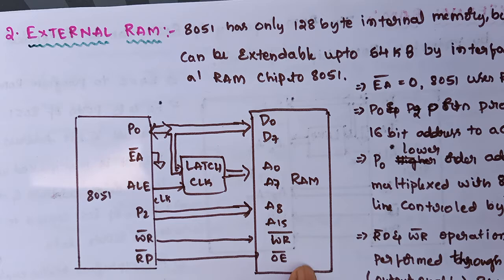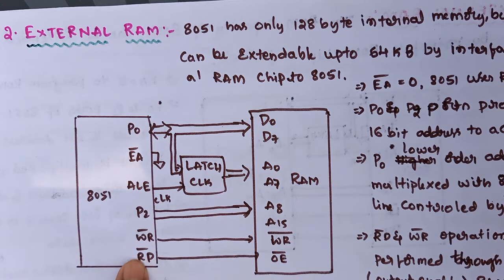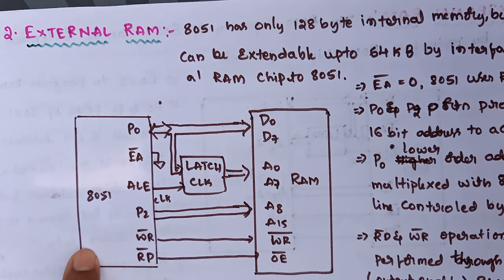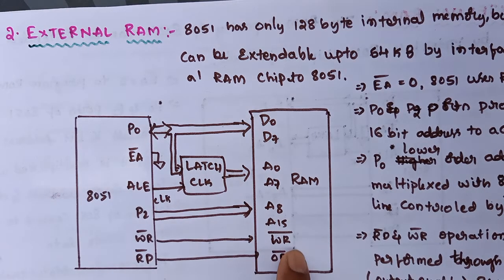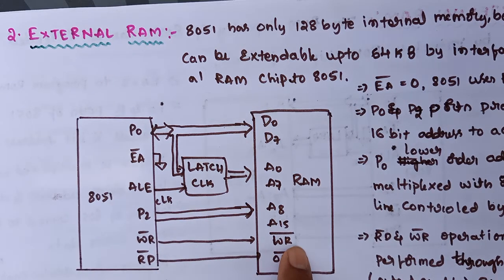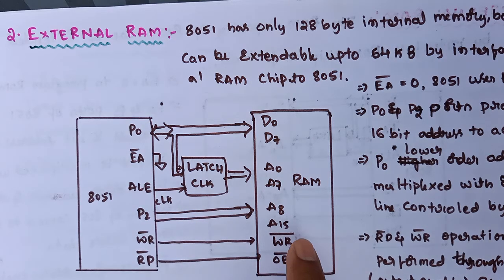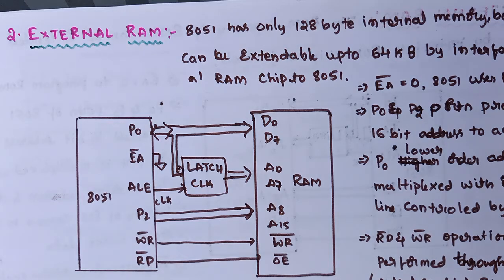If you want the read operation, you enable the read pin in 8051 and you will be able to read the information. If you want to write the information, we need to write it on the RAM chip. So this is the fetching procedure of external RAM.